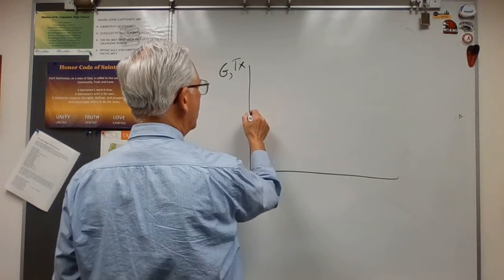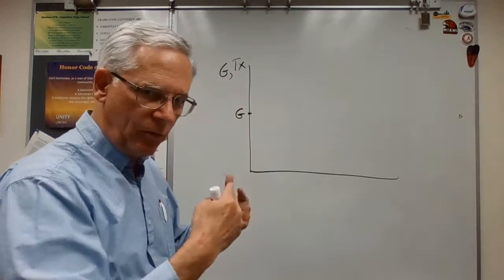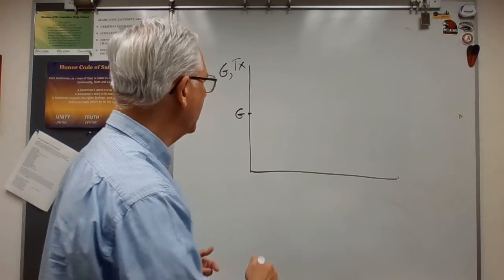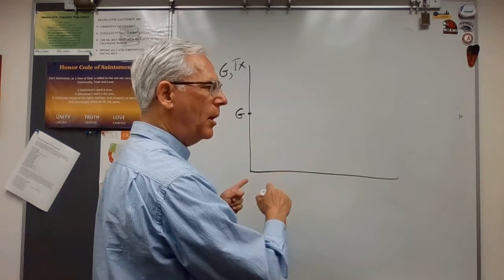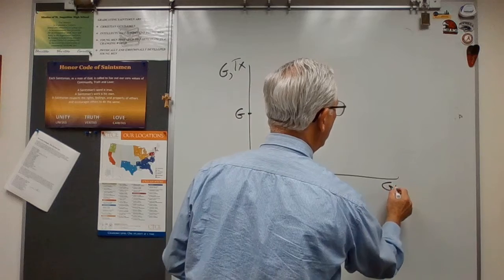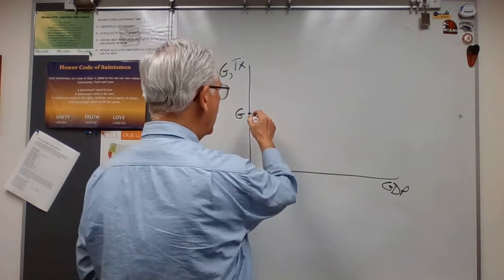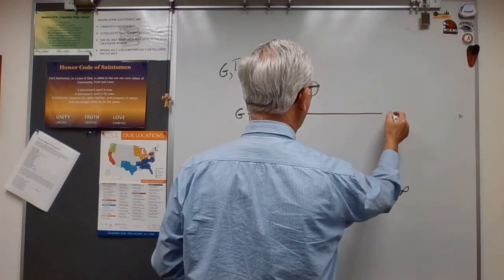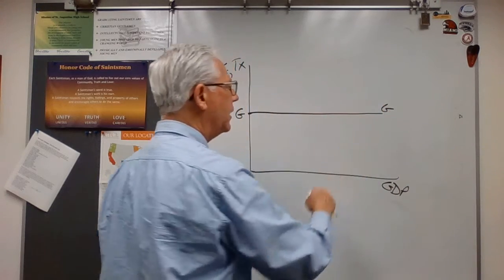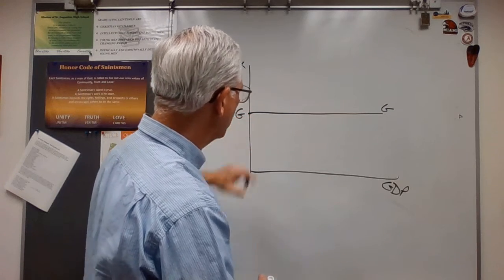So let's start off with government spending. Remember that government spending, the G in C plus I plus G plus X sub N, is determined by politics, not by the economy. So the horizontal axis here is the GDP, and government spending is constant regardless of what the GDP is. So that line is labeled G for government spending. That's the dollar amount of government spending.